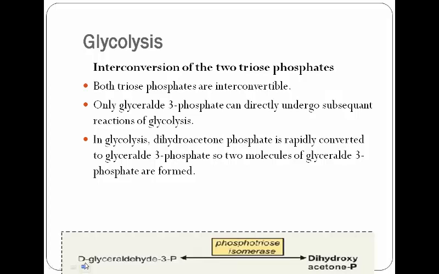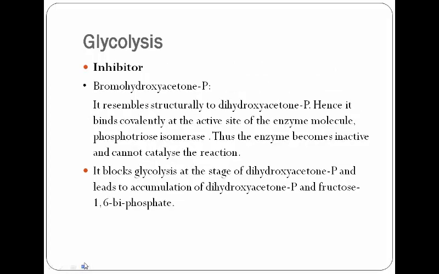In glycolysis, dihydroxyacetone phosphate is rapidly converted to glyceraldehyde 3-phosphate. So two molecules of glyceraldehyde 3-phosphate are formed. This reaction can be inhibited by bromohydroxyacetone. Why?